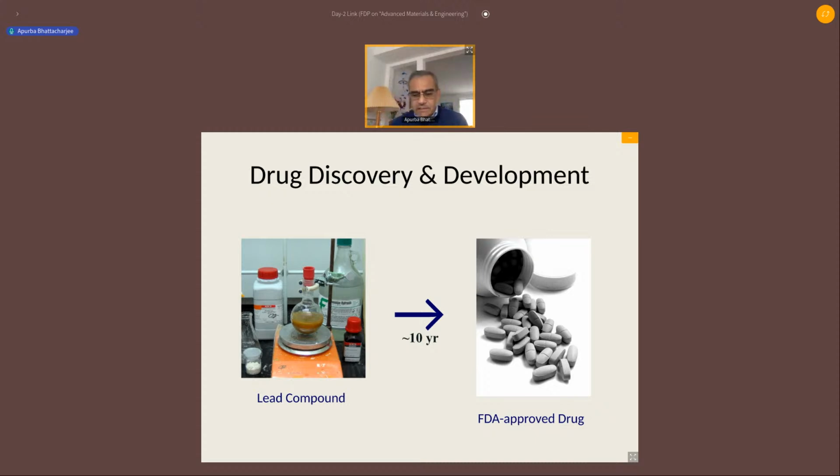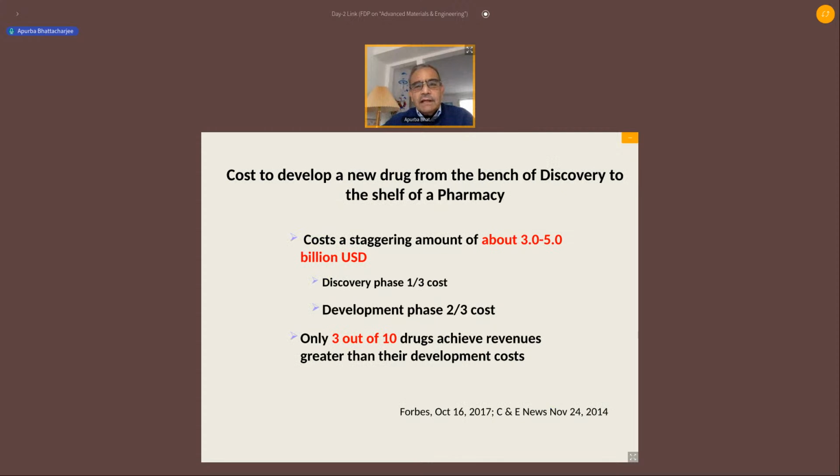So obviously it is a very lengthy process, and more importantly it costs a staggering 3 to 5 billion US dollars, and only one third of this cost actually goes for the discovery. Most of the money is spent on development.